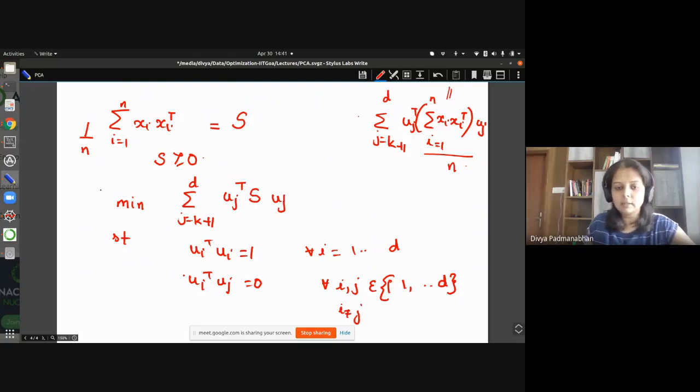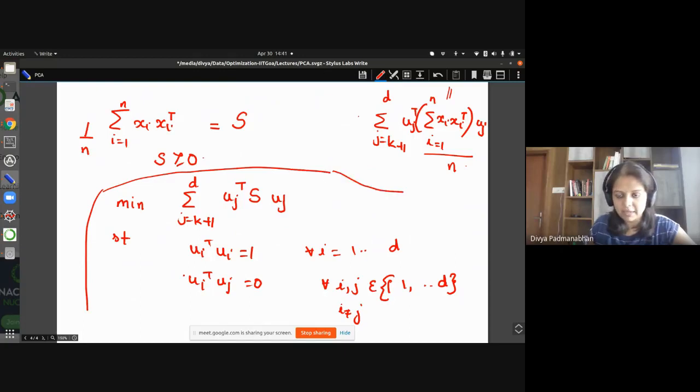This is the most simplified form of the optimization problem I get.